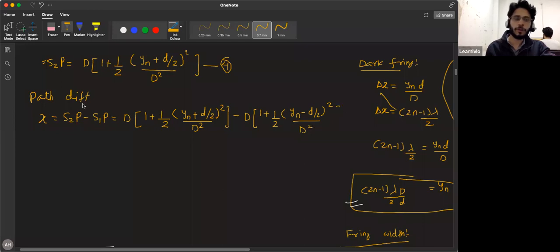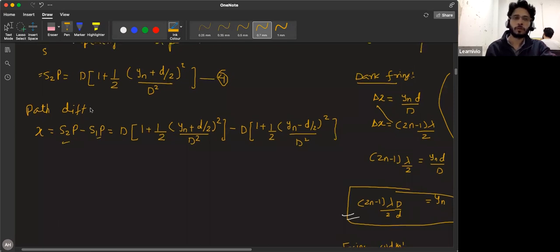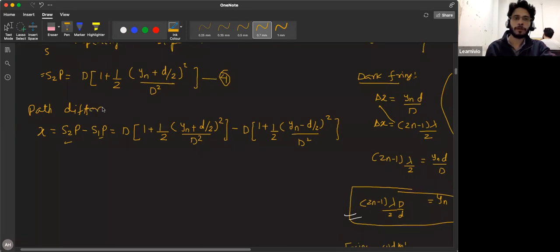I just substituted the values of S2P and S1P that we calculated in the previous section, substituting 3 and 4 in 1.